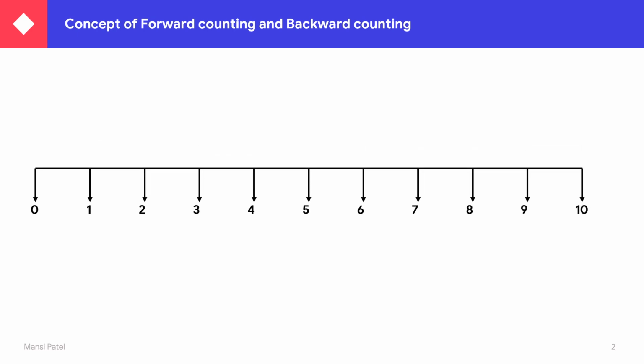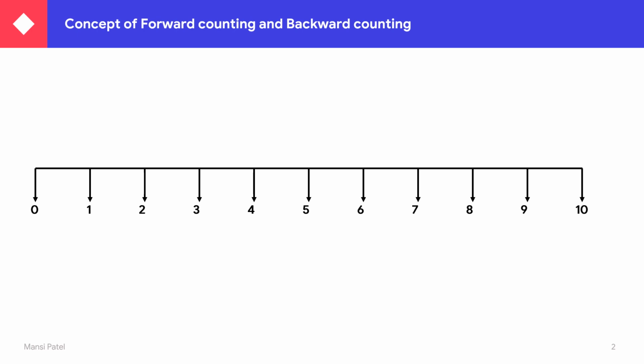See here on a number line, 0 to 10 numbers are there. When we speak or write the numbers from 0 to 10, it is known as forward counting. As you see, when you move to the right-hand side, the value of the number increases.